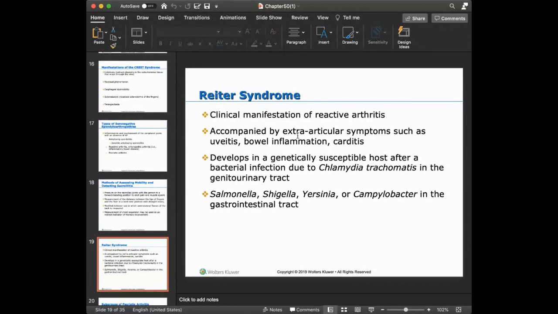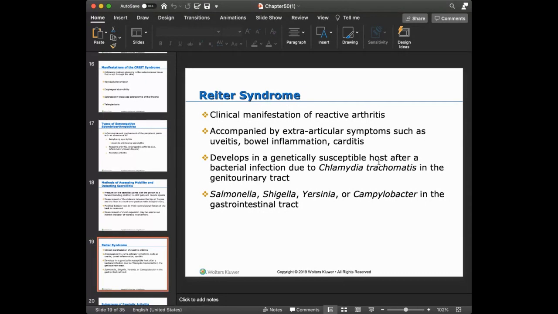Reiter's disease has the same clinical manifestations as reactive arthritis. So it also has symptoms outside of the joint. So we see problems with the eyes, we see inflammatory bowel, we see inflammation of the heart. So it can cause inflammation in lots of other body systems, and it typically develops after a chlamydia infection.